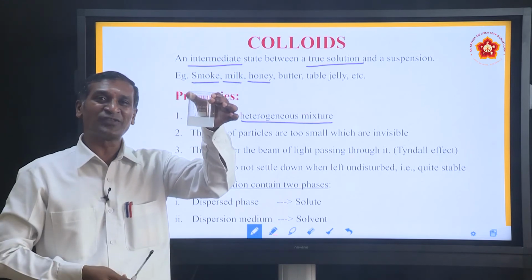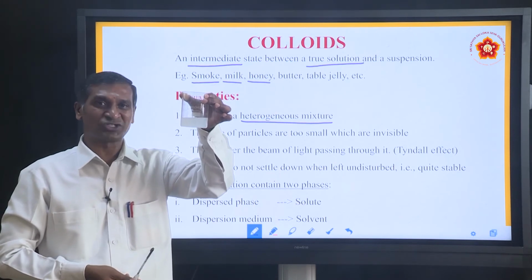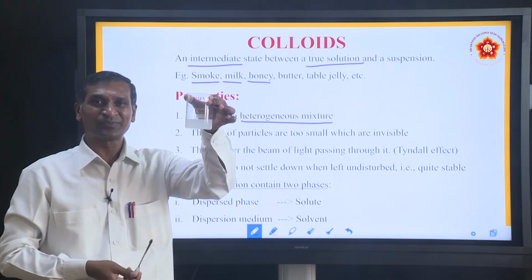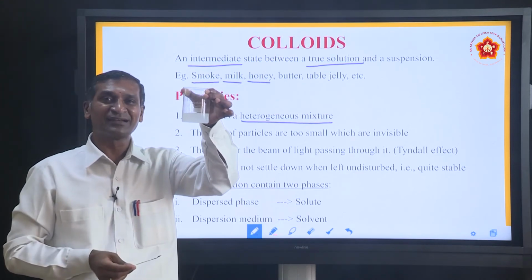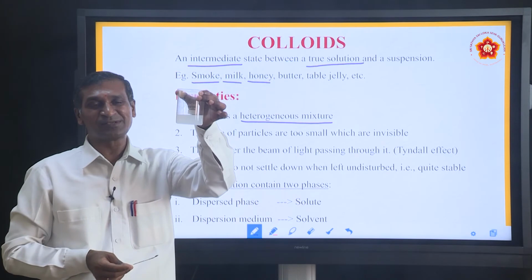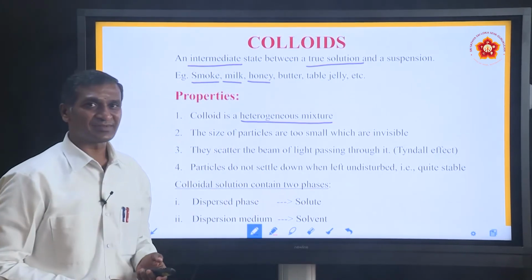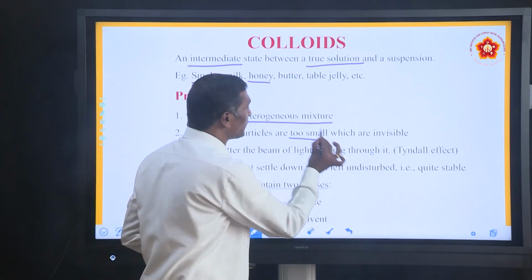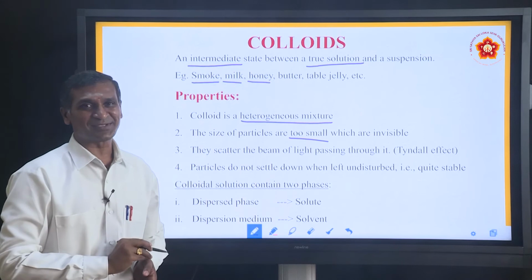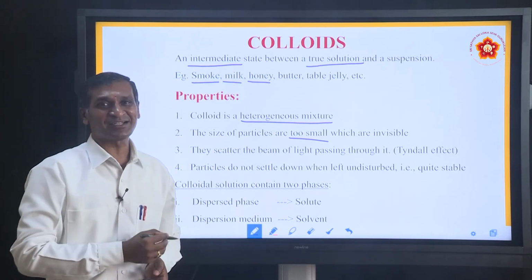The water of this rice that is being washed or while cooking, ganji we call, is an example of colloid. The size of the particles is too small, they are invisible. Surely, it was not possible to see the starch particles.